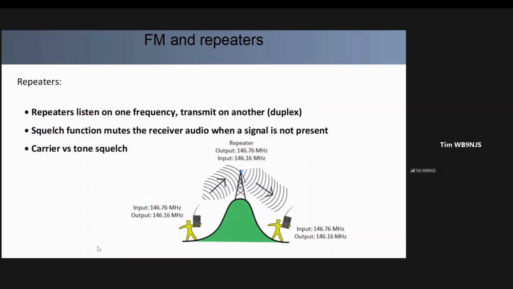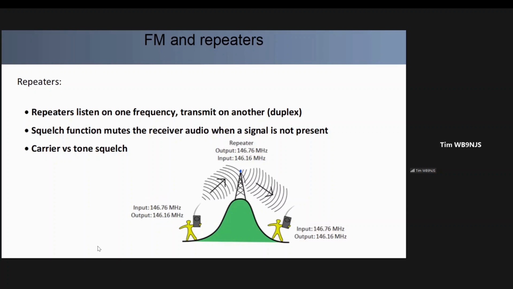Some other systems may require a subaudible tone transmitted along with normal voice audio. That's known as CTCSS or PL. So with tone squelch, your transmitter has to be set up to not only transmit your voice, but a subaudible tone at the same time.